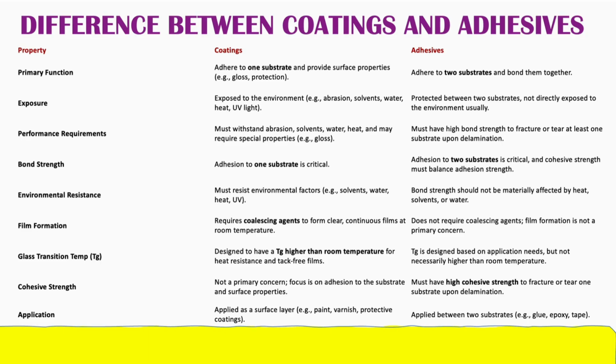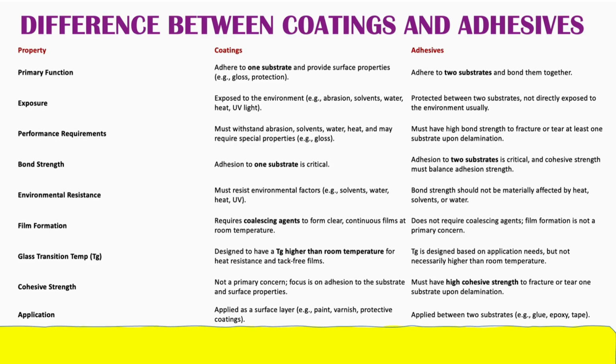This shows that there was a strong bonding between the adhesive and the substrate, because whenever there is strong bonding, the adhesive will not come out. So an adhesive must balance adhesive strength with cohesive strength as well.